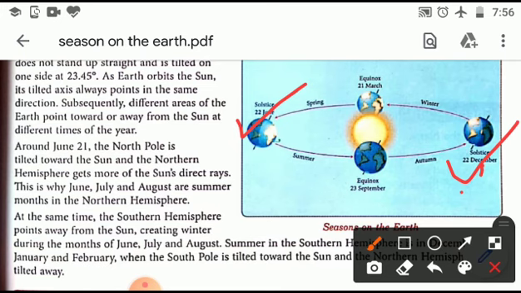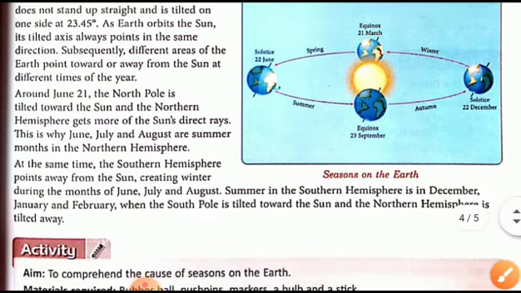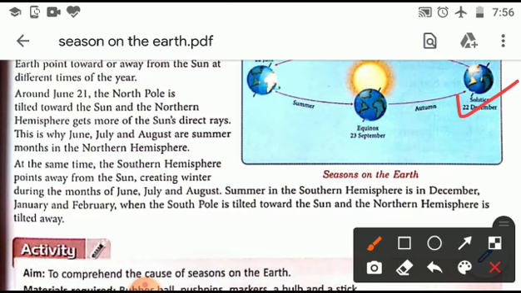So summer in the southern hemisphere is in December, January and February, when the South Pole is tilted towards the sun and the northern hemisphere is tilted away. So in December, January, February, the southern hemisphere will have the summer season and the northern hemisphere will have the winter season. So in this way we have the different seasons.